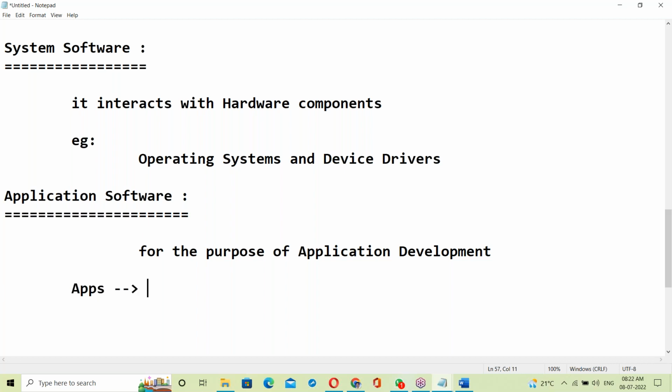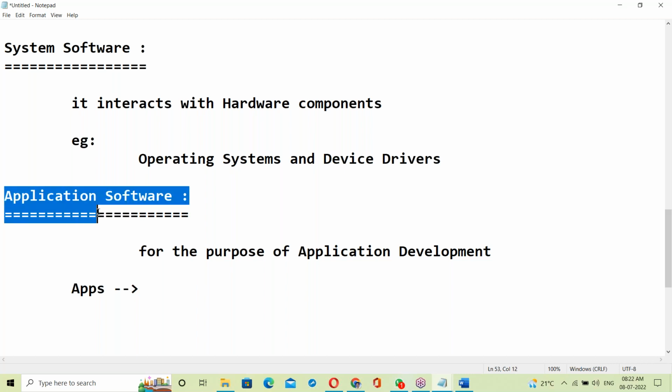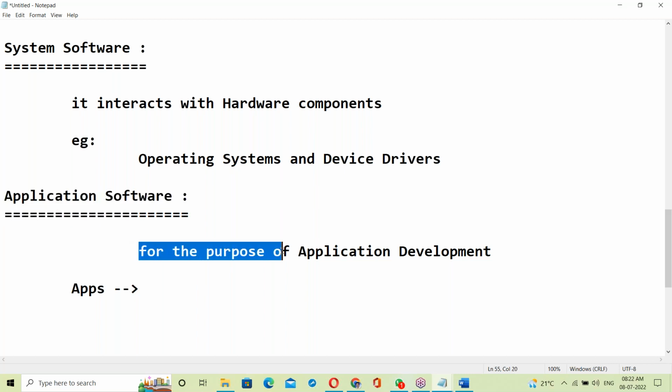In our daily life, we are using many applications. Tell me some applications, guys. Some examples of applications.